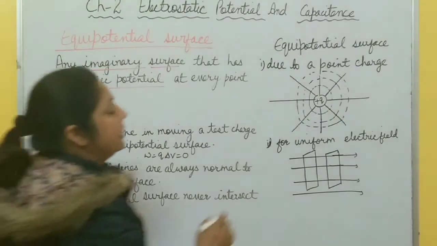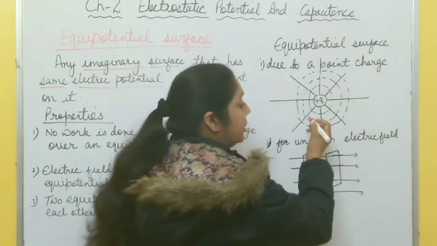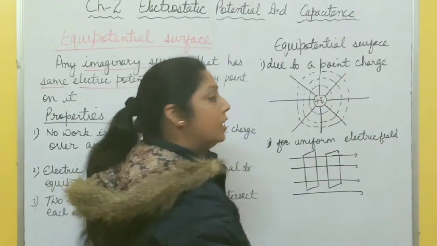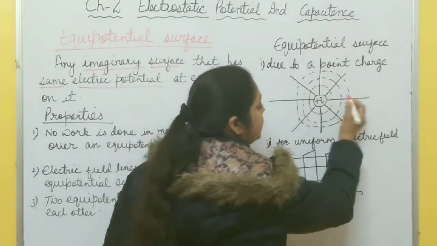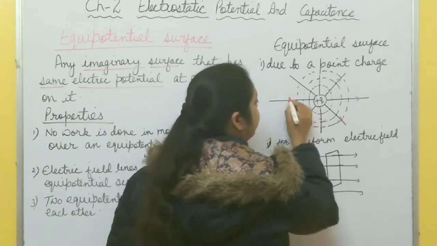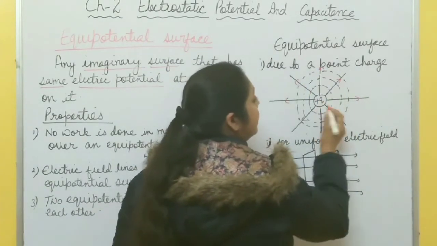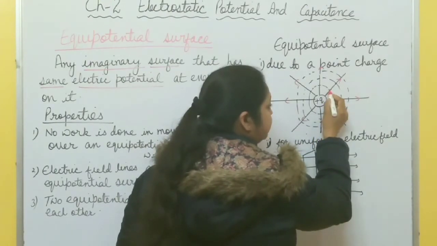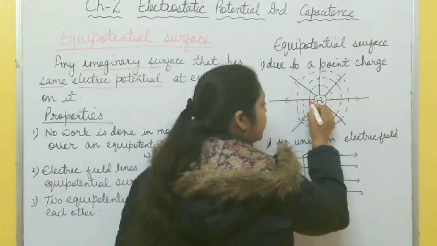Suppose this is a point charge Q and you have to draw the equipotential surface for this point charge. Due to this positive charge, electric field lines are directed away from the positive charge. At equal distance from this positive charge, potential is the same.